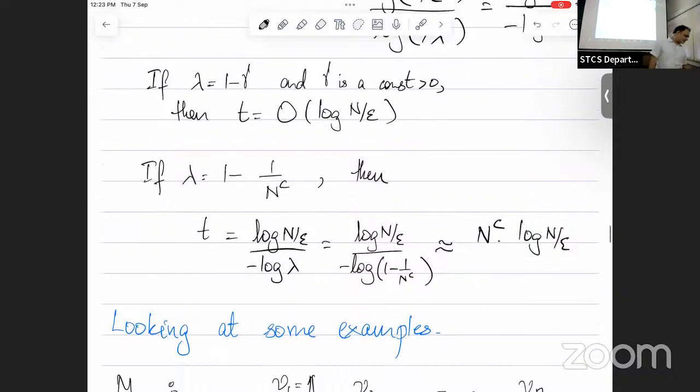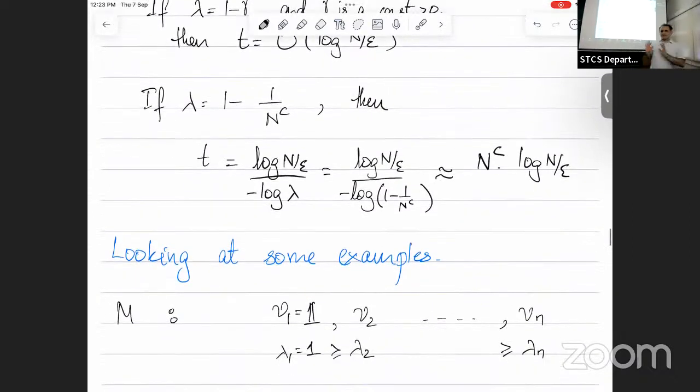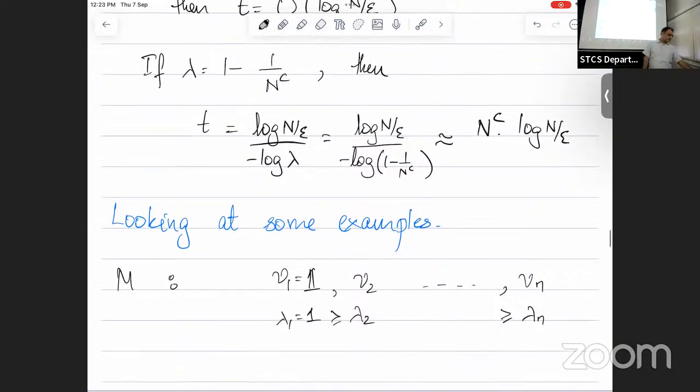Okay, so just to recall, I'm going to use V1, V2, till Vn as the eigenvectors corresponding to the eigenvalues lambda 1 through lambda n, and lambdas are usually arranged in descending order. Lambda 1 is 1, and V1 is therefore the all ones vector, and then lambda n is the smallest of the eigenvalues.